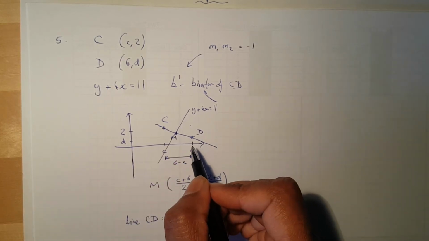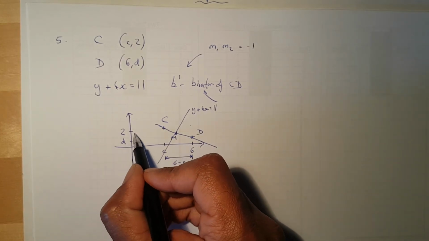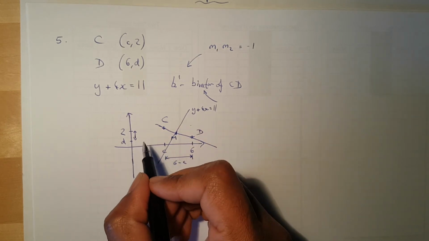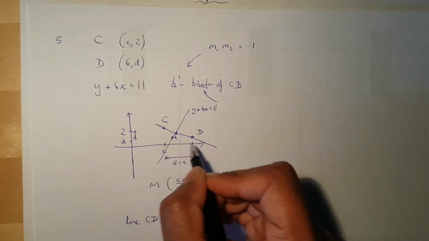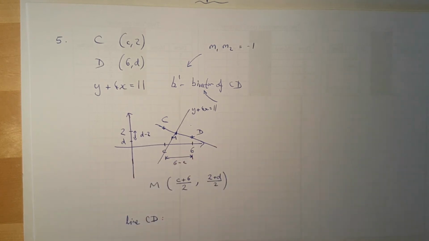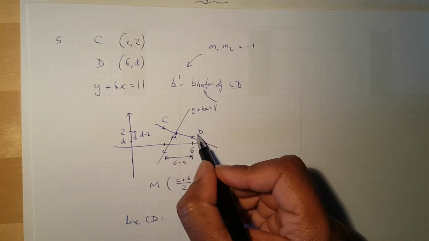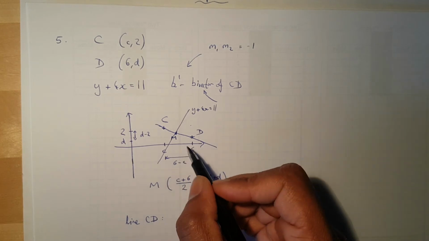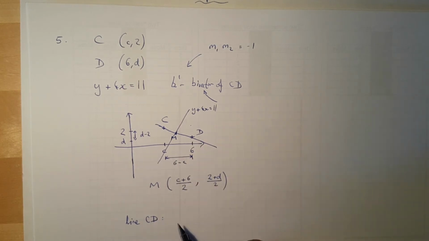And from there to there, I've gone this distance here. And that distance there is d - 2. The reason it has to be that way around is I'm taking the right-hand coordinate, the D coordinate, and seeing how I got there from C. So my gradient then is the vertical change divided by the horizontal change. The vertical change is d - 2. The horizontal change is 6 - c.